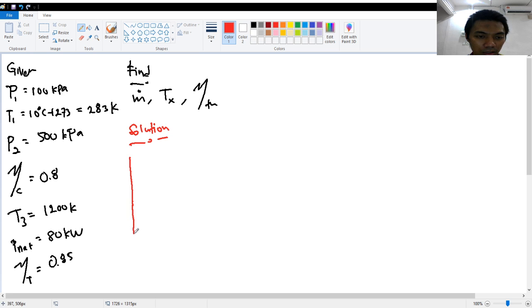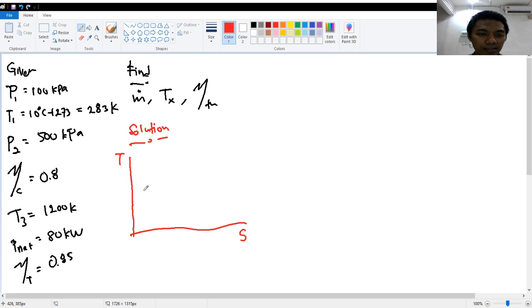Okay, read thoroughly multiple times and try to sketch it in TS diagram. Good. So from my understanding, and also from the information given here, there's one compressor and two turbines.